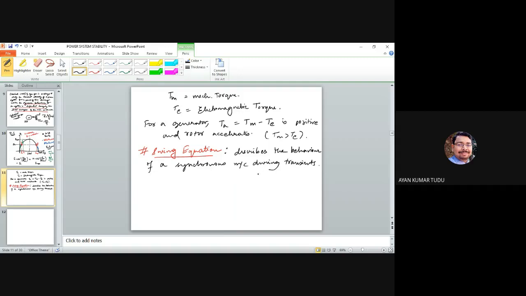Okay, so let us see how we can deduce this particular swing equation. From the dynamics of a rotational mechanical system, what can we write?